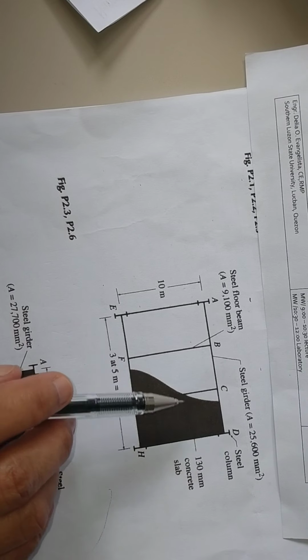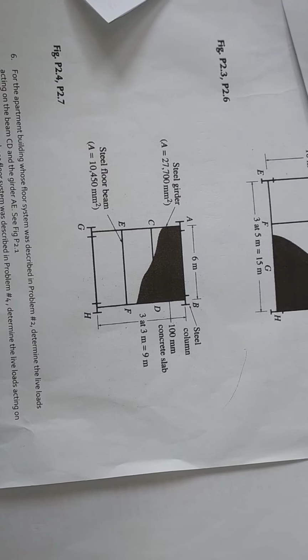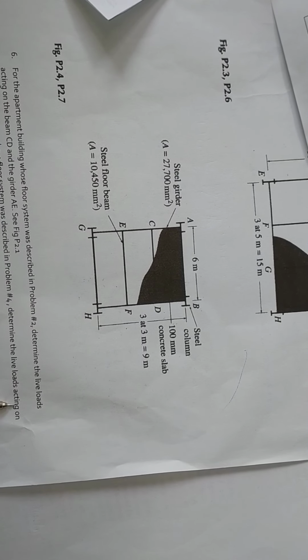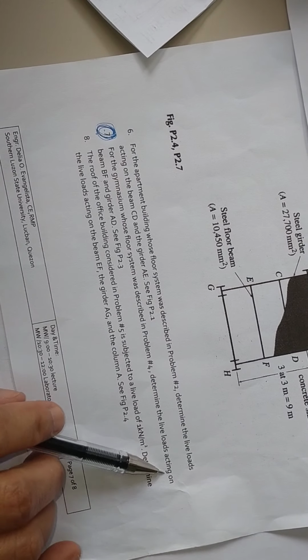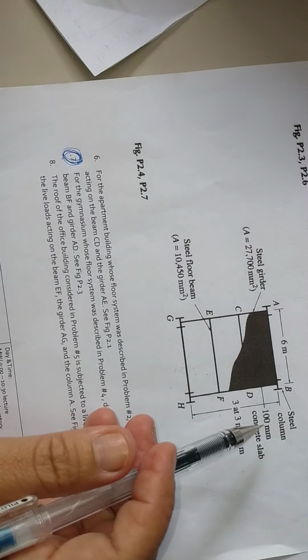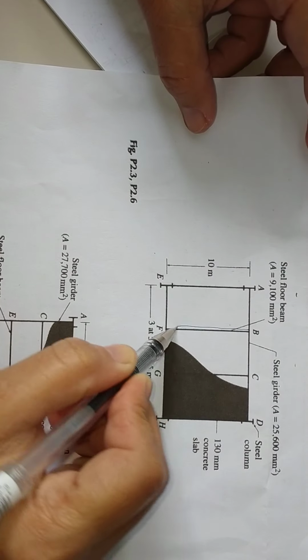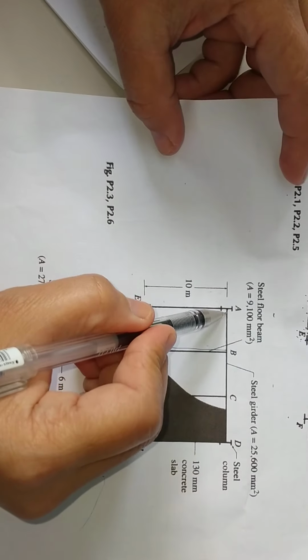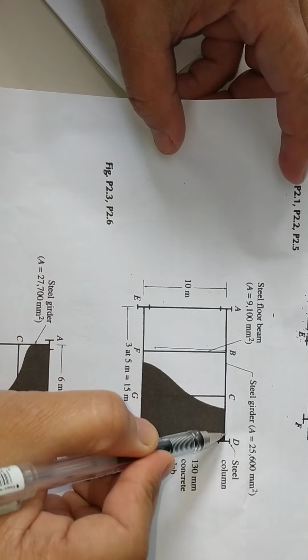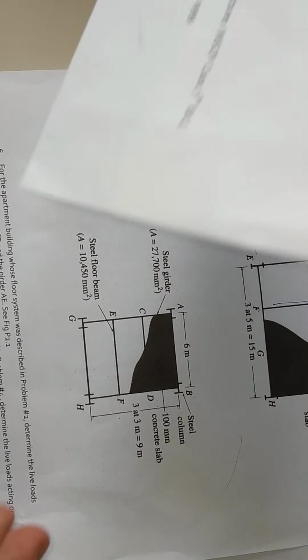Determine the live load. So 7, determine the live loads acting on BF and AD. So this is beam BF and girder AD, live load. So this is a gymnasium.